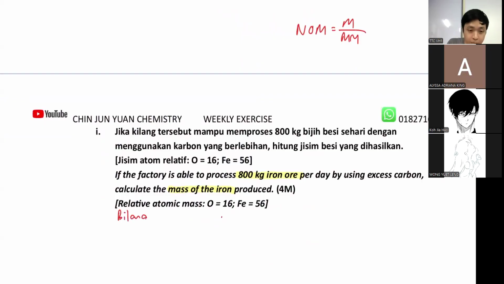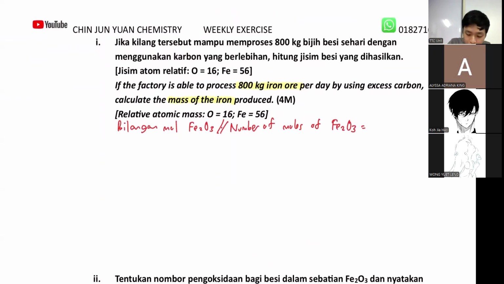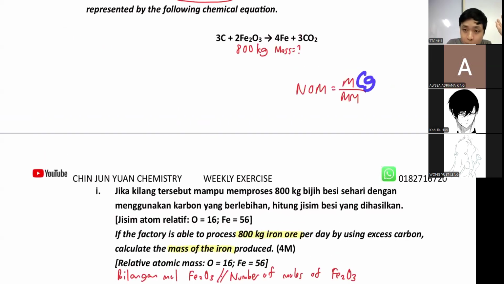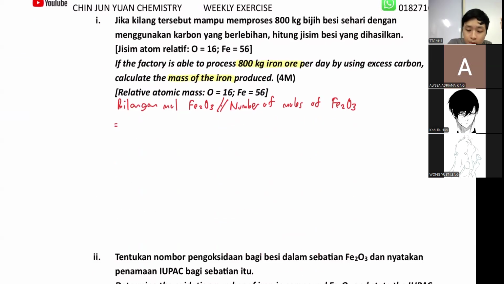So what should we do? Bilangan mole in Malay, in English is number of mole of Fe2O3, which can be mass over molar mass. The mass is 800 kg. But remember, the mass is in gram, so you have to change kg to gram. You have to multiply by 1000.